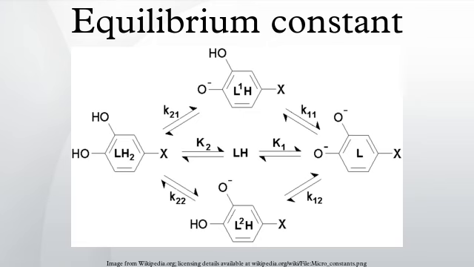Since activity is a dimensionless quantity, the thermodynamic equilibrium constant, K, is also a dimensionless quantity. This is important because K is related to the standard free energy change, ΔG°, for the reaction. R is the gas constant and T the absolute or thermodynamic temperature.